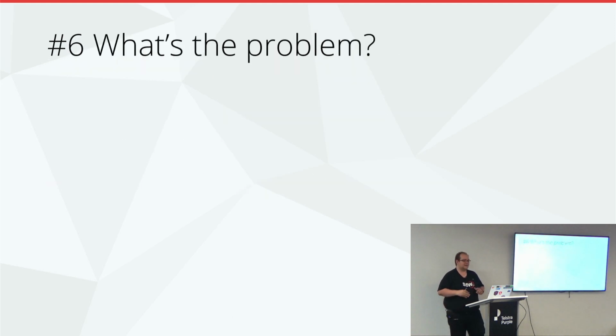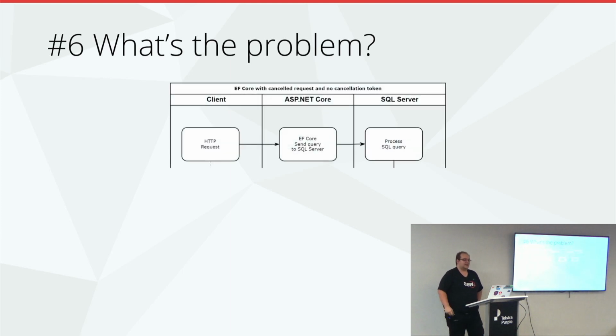But let's say that we don't use cancellation tokens. What would happen? For those who don't know what cancellation tokens are, when you make a web request, you can add a parameter saying cancellation token. And you can then pass down that cancellation token to asynchronous methods.